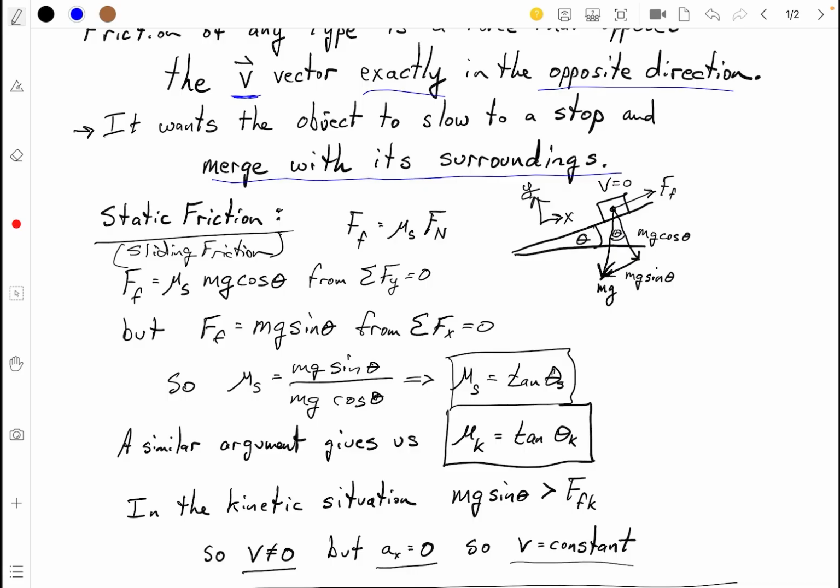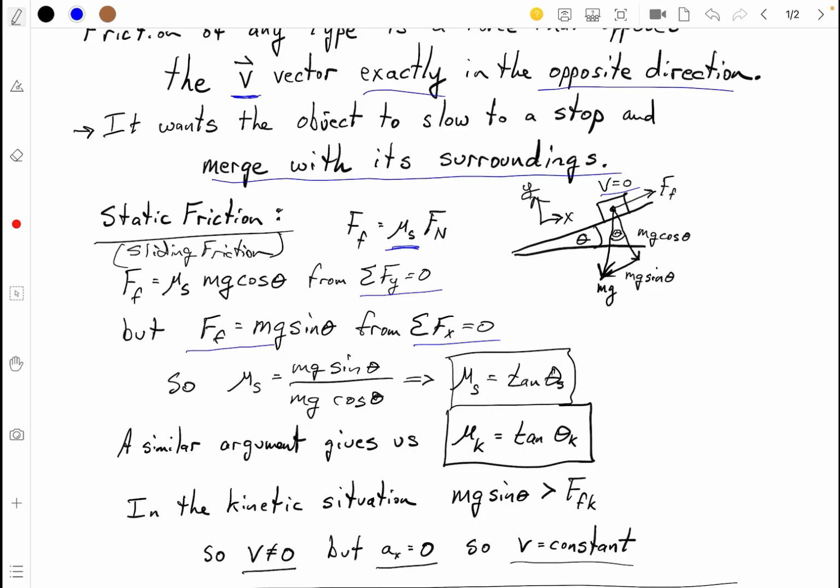Okay, so what about static friction? Let's talk a little bit about static. In static friction, of course, we're going to use mu static. And in this case, we've got a velocity that equals 0. We've got some box on a plane. I've labeled some coordinate systems here, and we're going to use those coordinate systems to figure out that our force in the y direction is 0, our force in the x direction is 0, the sum of all forces.